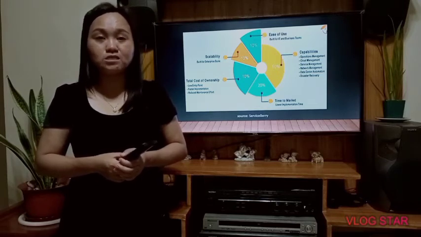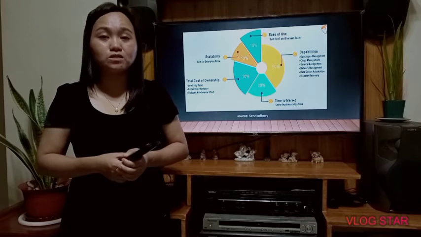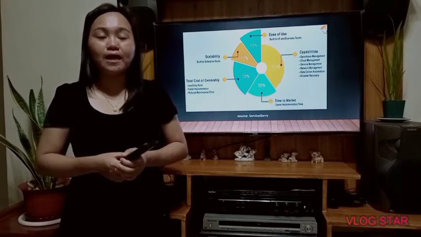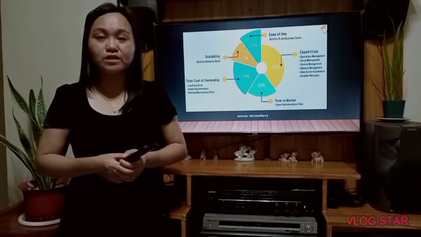But the bottom line is, since we are already in the digital world, businesses or organizations need to consider how they can adapt from the traditional way or approach in business to what is on trend, since we are already in the 4.0 industrialization period.